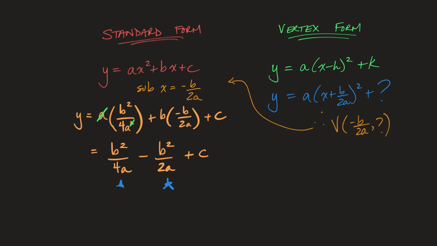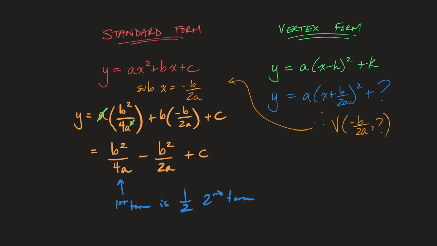My second term, I divide by a 2. My first term, I divide by a 4. That means I'm dividing by an extra factor of 2. What that means is my first term is always half my second term.